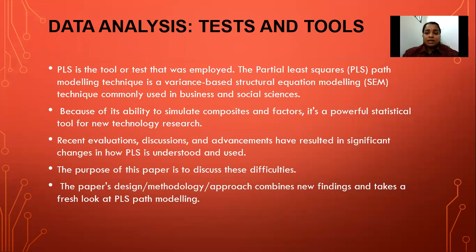The partial least squares path modeling technique is a variance-based structural equation modeling technique commonly used in business and social science. Because of its ability to estimate composites and factors, it's a powerful statistical tool for new technology research. The purpose of this study is to discuss these difficulties. This paper's design methodology approach combines new findings and takes a fresh look at PLS path modeling.